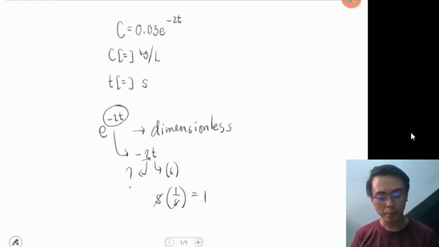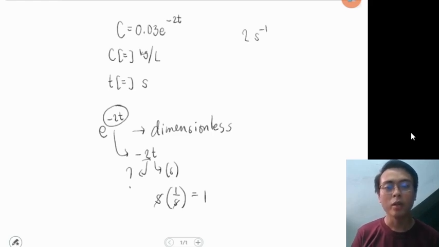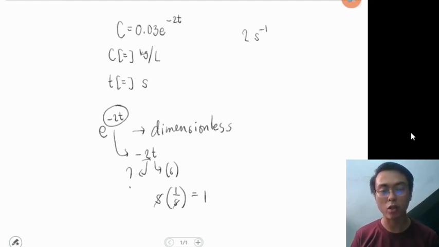So therefore, 2 has a unit of per second, or second raised to negative 1. That is its unit, because we know that the exponential function should be dimensionless.